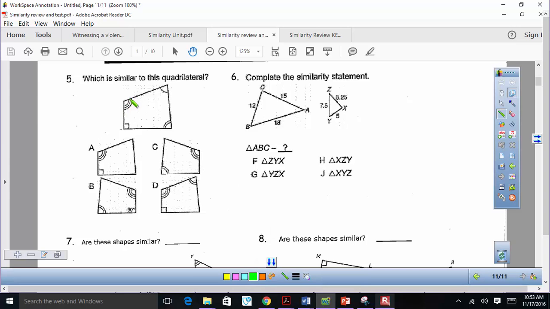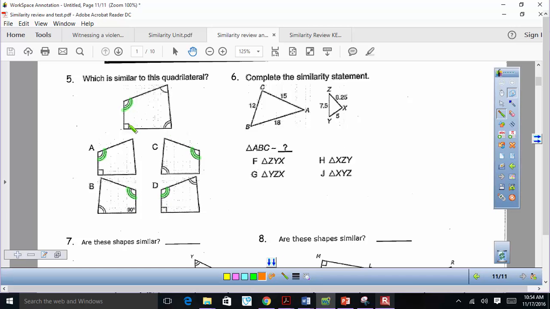This angle has 3 marks, right? This one has 3 marks. This one has 3 marks. This one has 3 marks. And this one has 3 marks, right? Are they all in the same spot? See how this is the top corner of the small side? Is this the top corner of the small side? Top corner of the small side? Top corner of the small side? Top corner of the small side. So right now, all of them work.